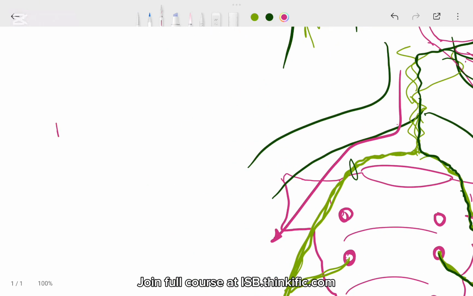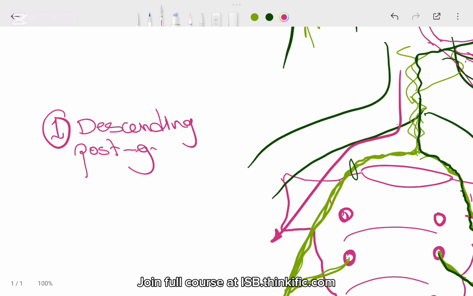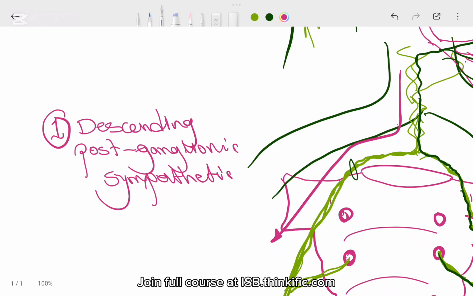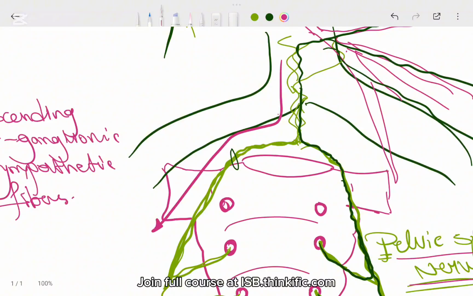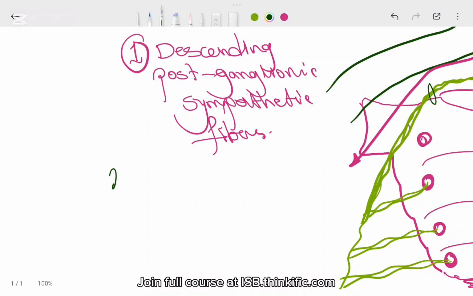So number one, they have descending postganglionic sympathetic fibers. Number two, our friend here, ascending preganglionic parasympathetic fibers.